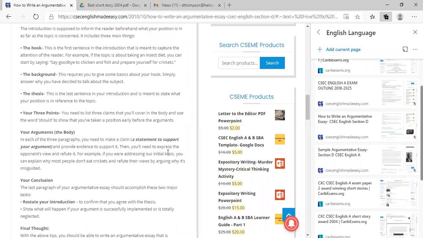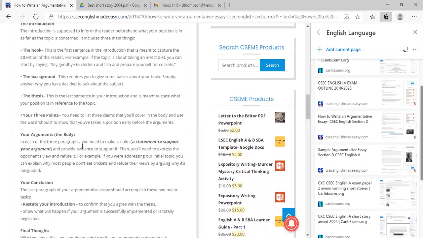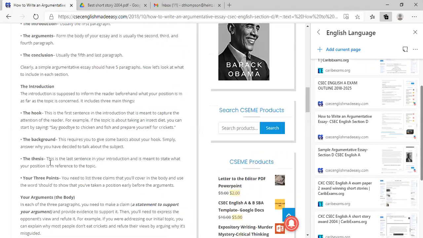Okay. So what we're going to go through now is finally an example of an argumentative essay, once we've finished talking about the different sections. So here we go. The introduction is where you inform the reader of your position, and it must include 3 things, not just a thesis.